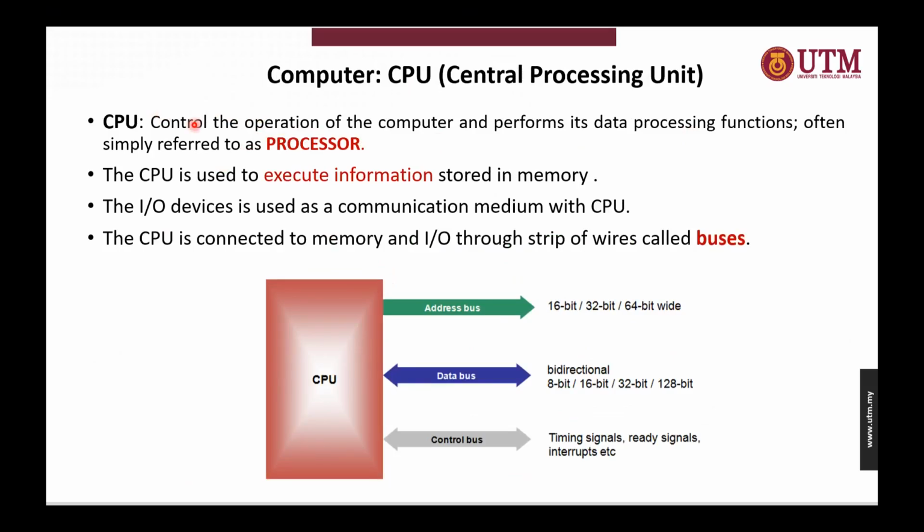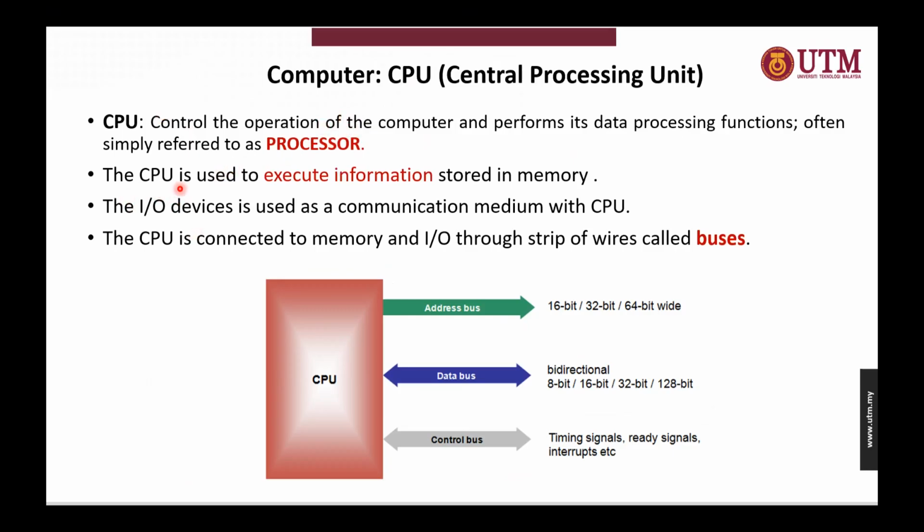At the same time, it will do the data processing. It is actually the brain of each computer, which manages all the data processing and all the operations inside it.